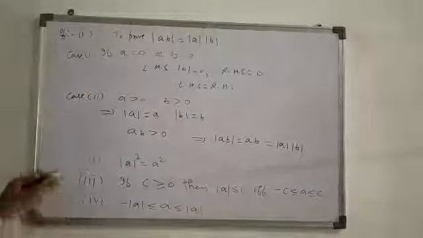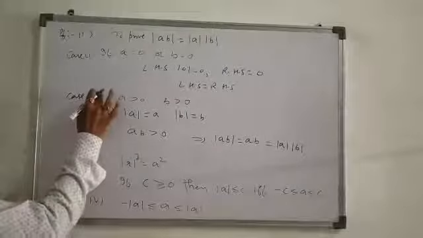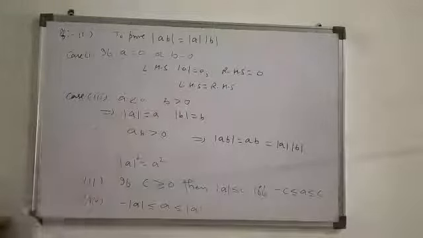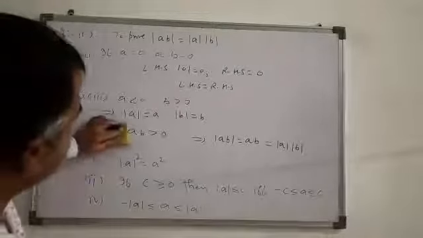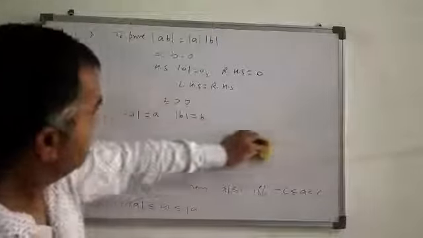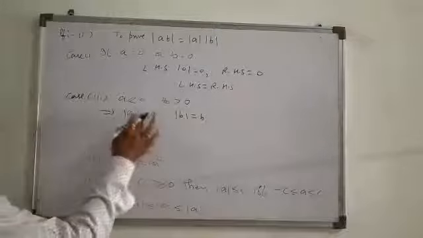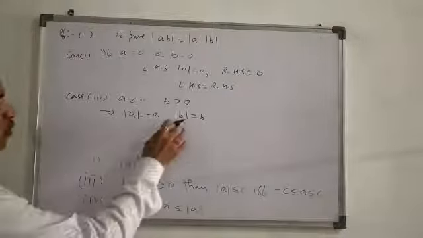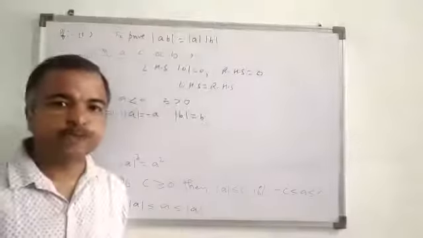So case third, suppose a is negative and b is positive. Now a is negative, so by definition mod of a is equal to minus a, and mod of b is equal to b, because b is a positive real number.